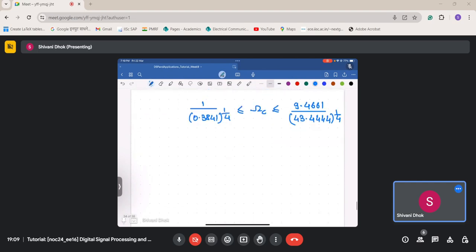If we solve these, we get 1.2702 less than or equal to omega c less than or equal to 3.6871. So this is the allowed range of cutoff frequency.